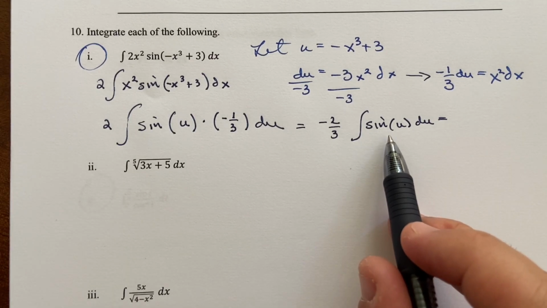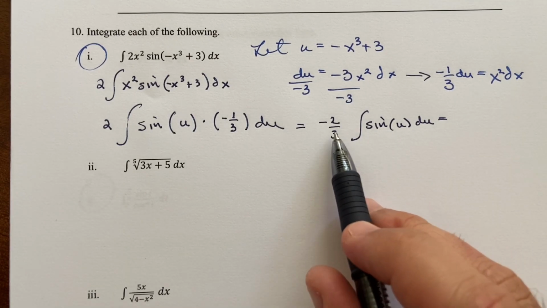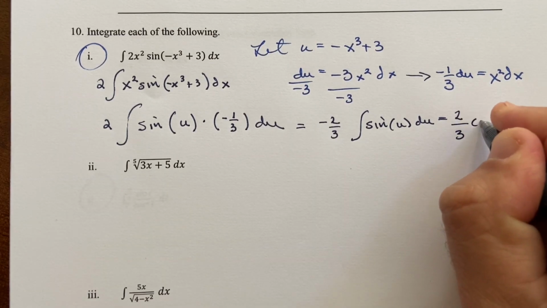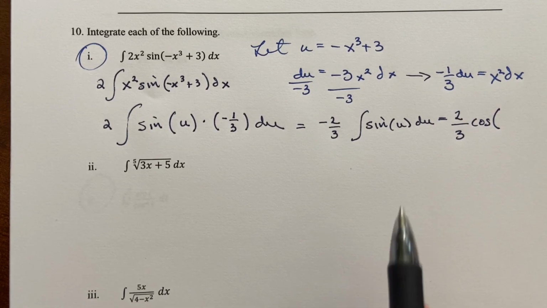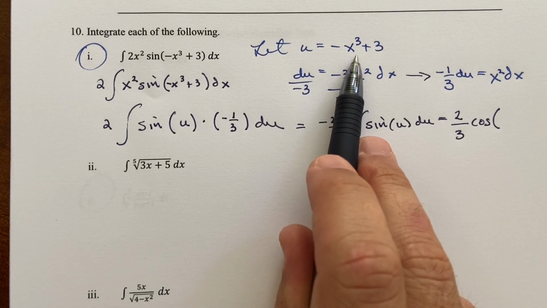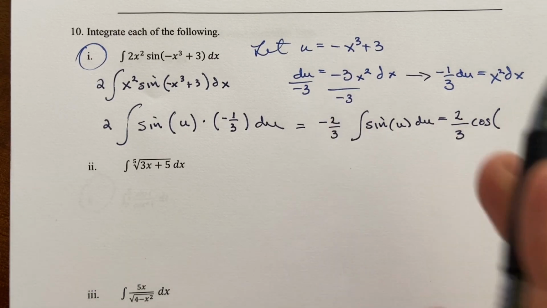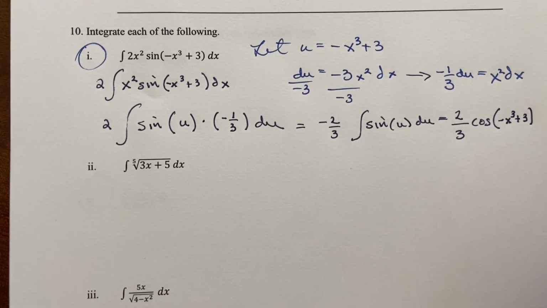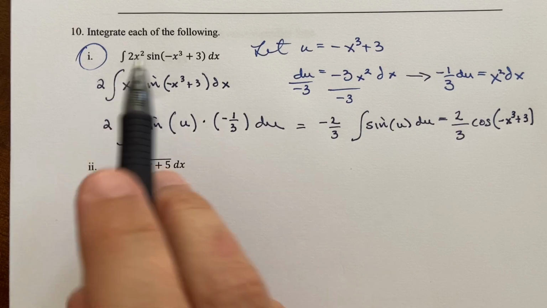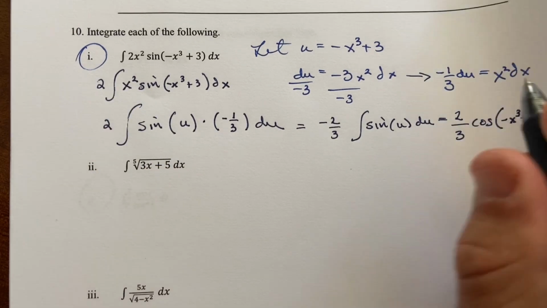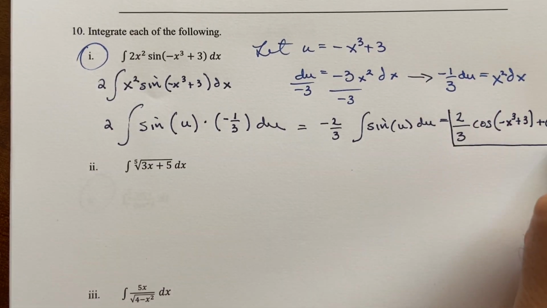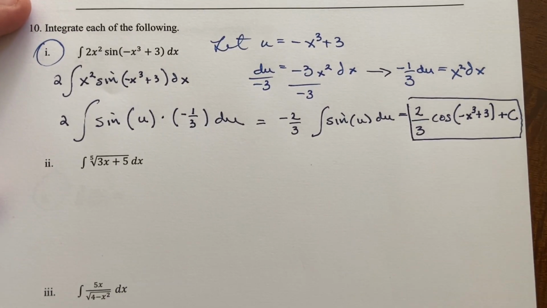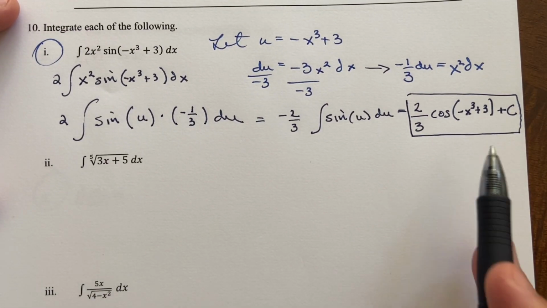This would be negative cosine, and then that negative cosine times the negative 2/3 would be positive 2/3 cosine of u, but u is negative x cubed plus 3, so I'll just write negative x cubed plus 3. This is an indefinite integral, so I'll add on c.